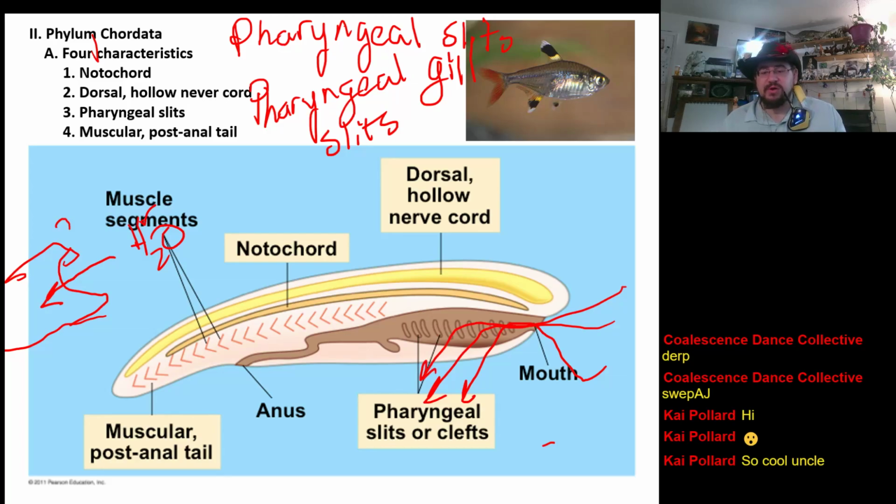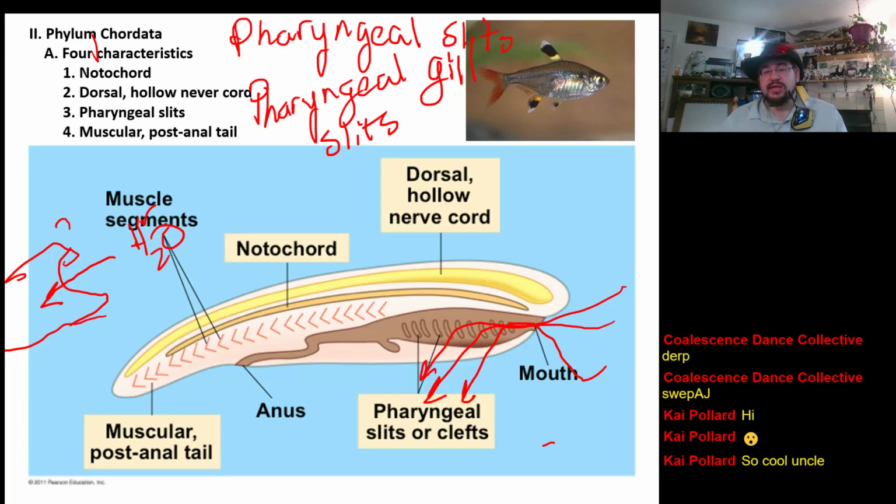So the gill slits, pharyngeal slits, allow water to enter through the mouth and pass out of the body so that it does not enter the digestive system. This is where we find gills in chordates. Some chordates use these for filter feeding as well.